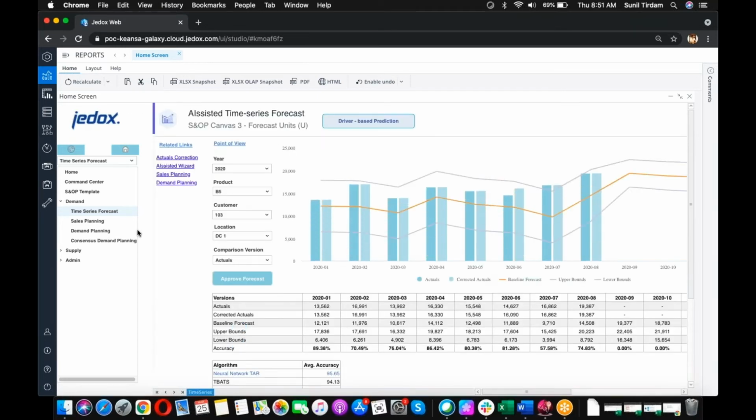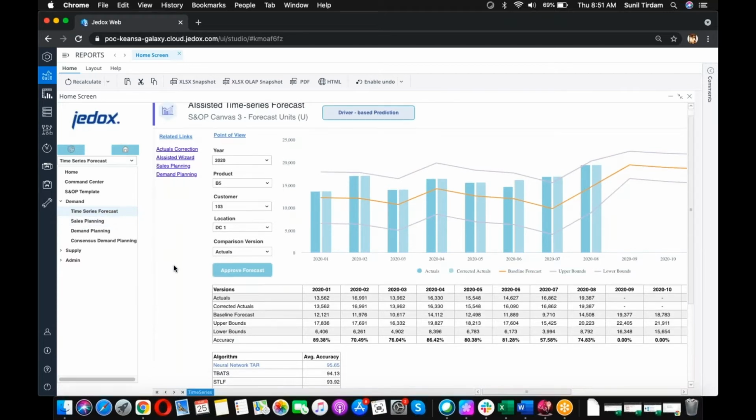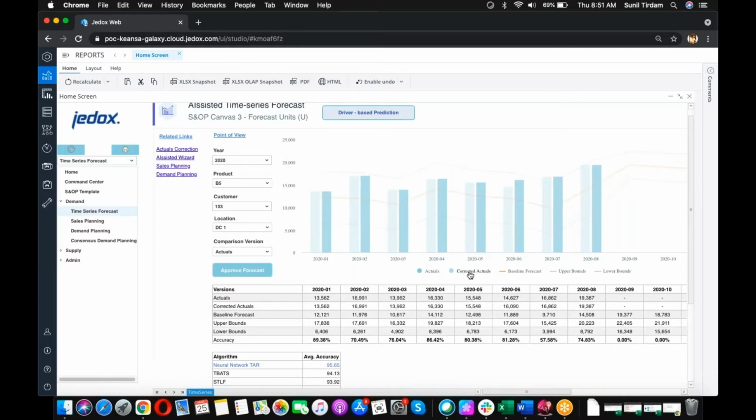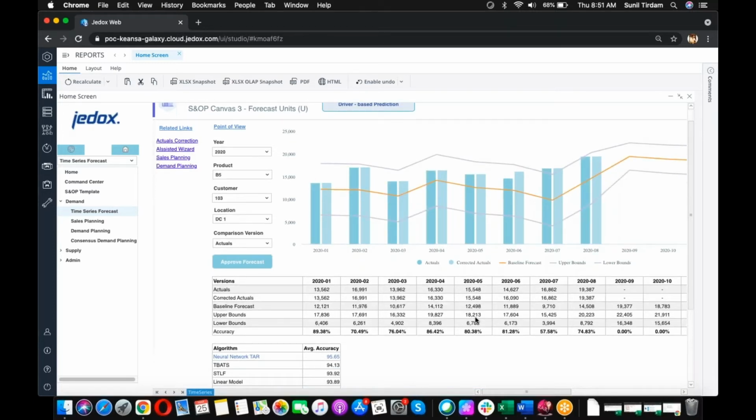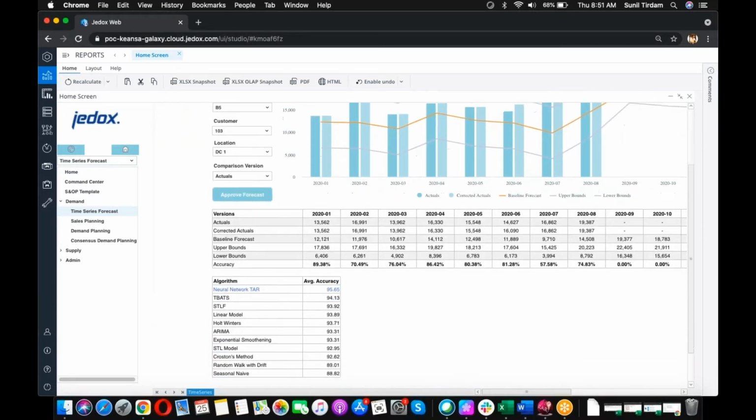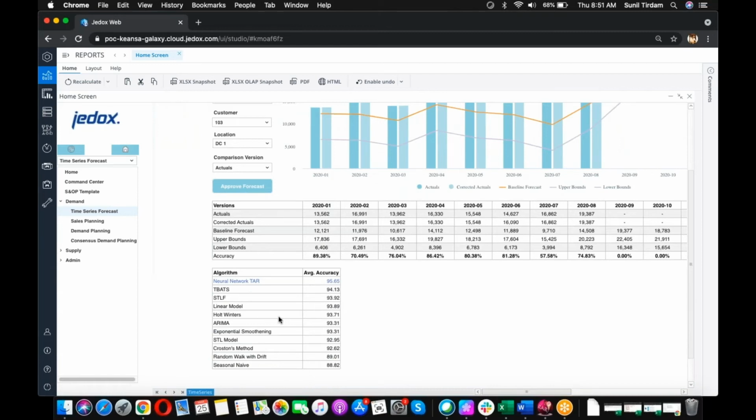So going back to our time series forecasting. As I was saying, we use time series predictive models, and we use the corrected actuals as the inputs to the statistical forecasting. The forecast engine uses multiple algorithms, right? Like you could see a few there in the algorithms table below, that it applies and it tries to predict the future, not really the future, but a future which is basically actuals.